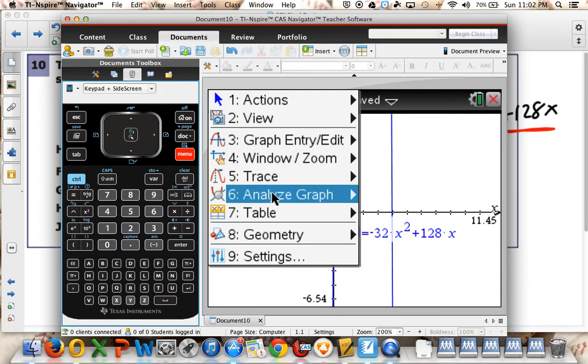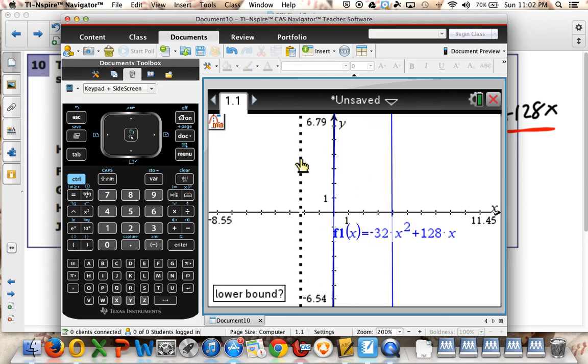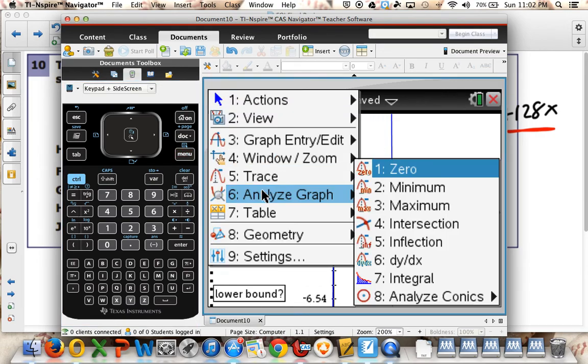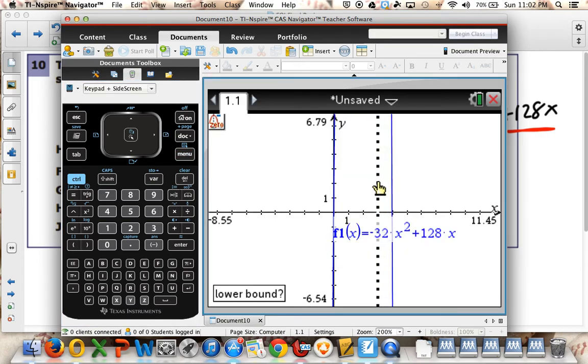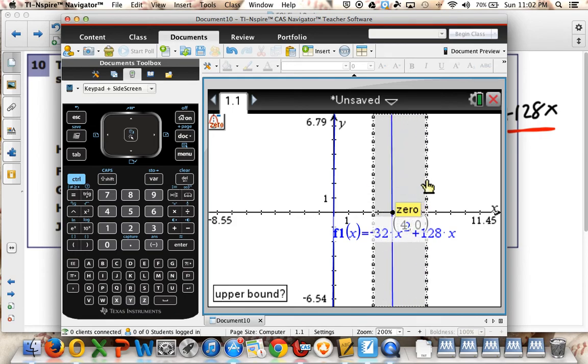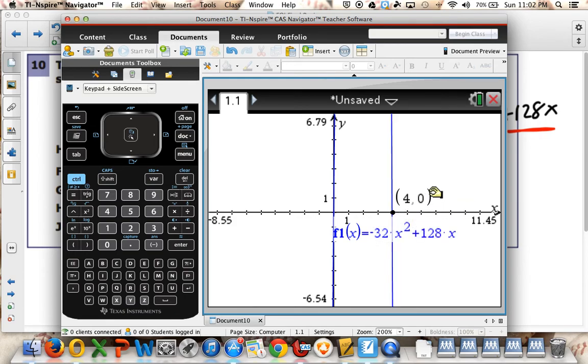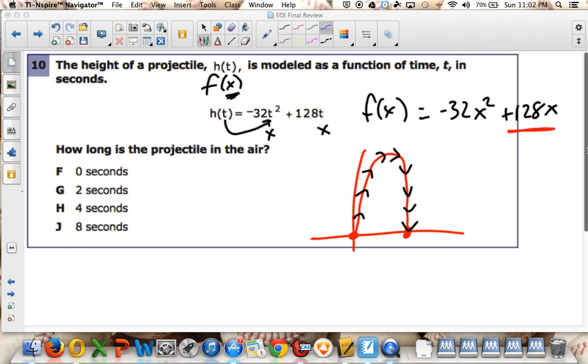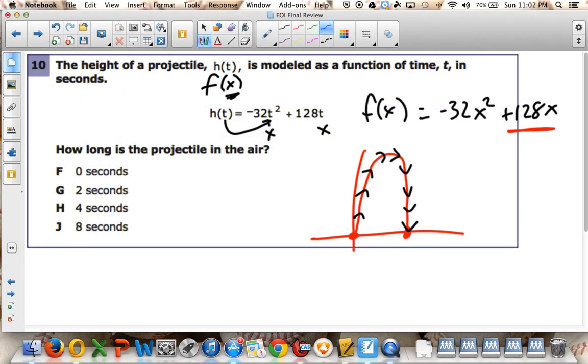Menu, analyze graph, and I just hit a maximum. Menu, analyze graph for 0. Lower bound is to the left, upper bound is to the right. That's exactly what I found: 4, 0, where x is 4. X is time. T stands for time. So my answer is H.